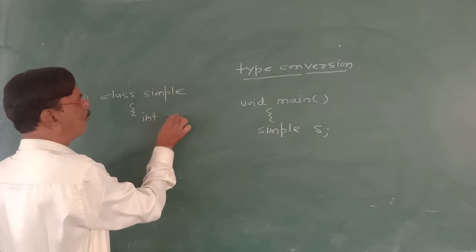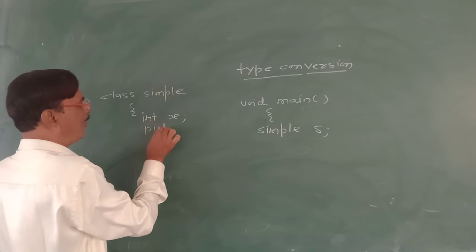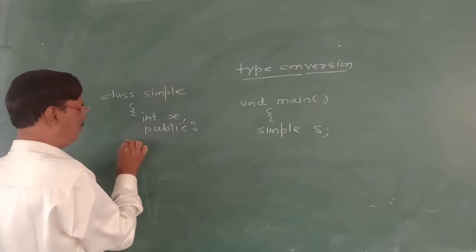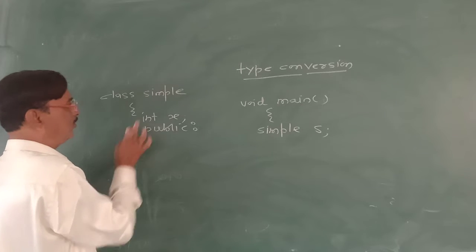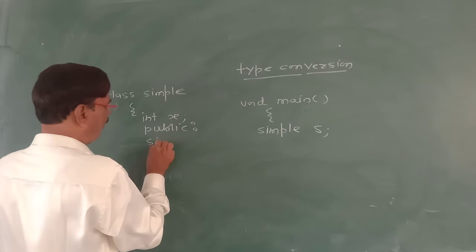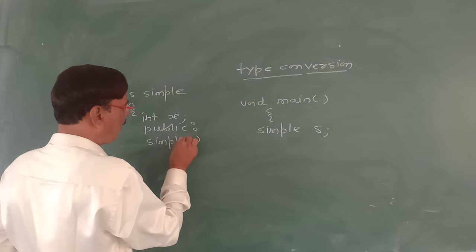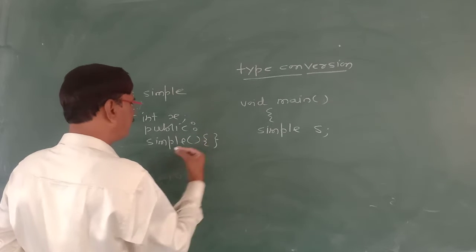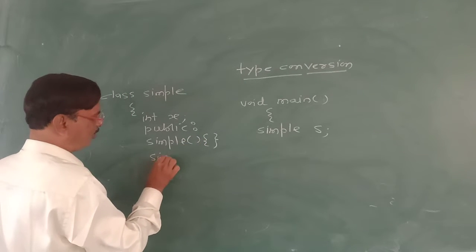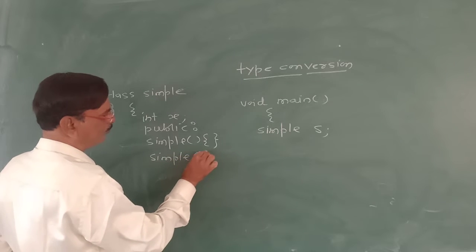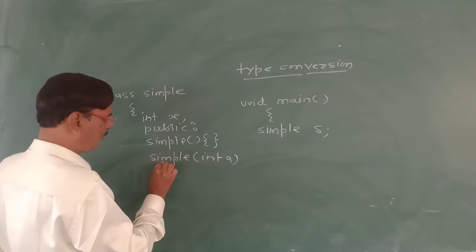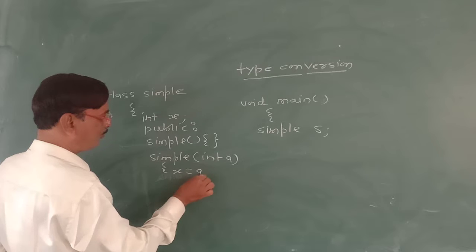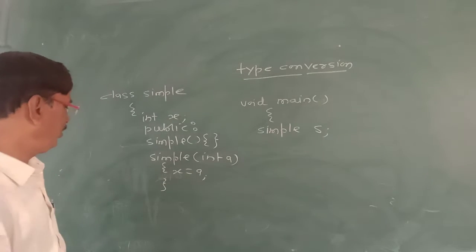Integer x, public, and suppose there is a constructor. A default constructor will be there, and one parameterized constructor will be there. You see the class.